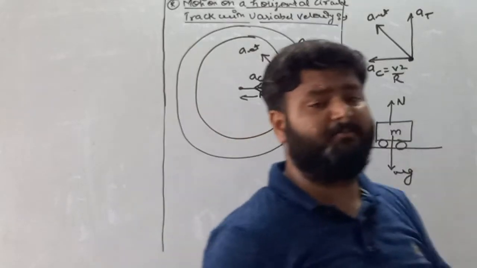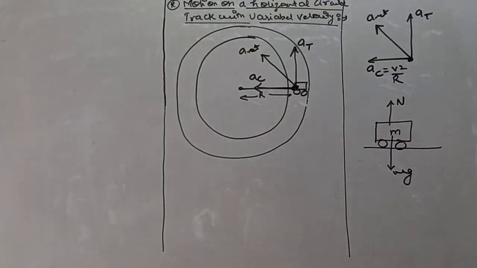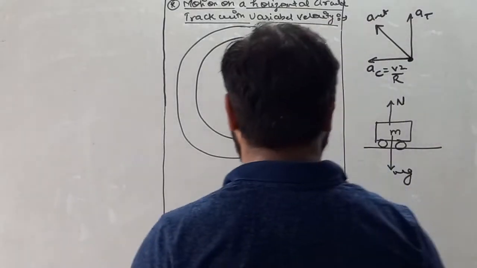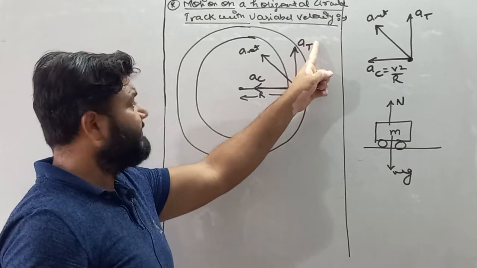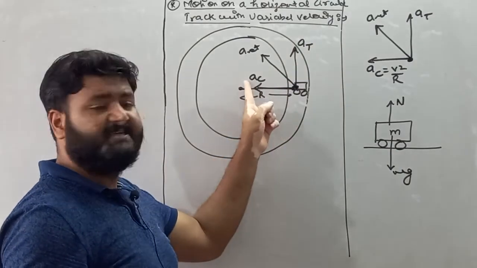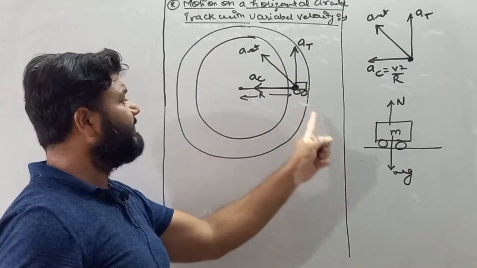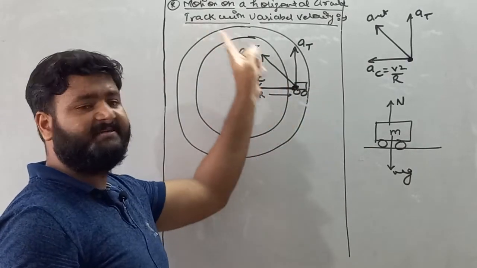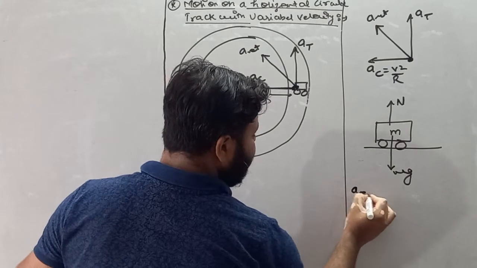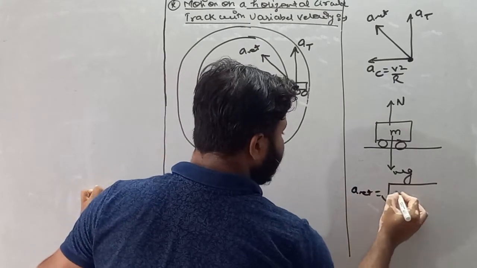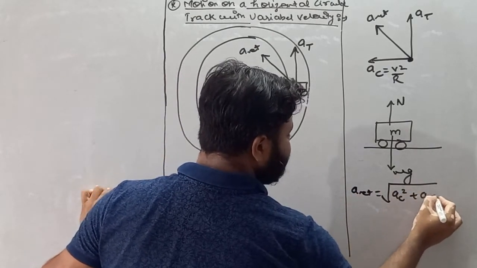Remember, if vectors act from a common point in two different directions, we have to make a resultant vector, and the resultant vector always acts between the two vectors. Here is the tangential acceleration, here is the centripetal acceleration, and between them we make the resultant acceleration, the net. And the formula for the net acceleration is under root AC square plus AT square.